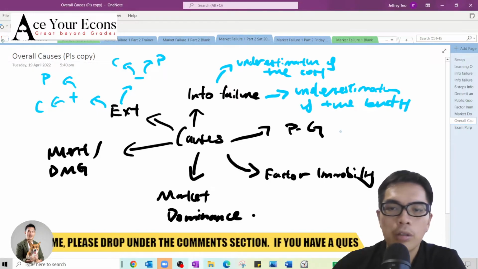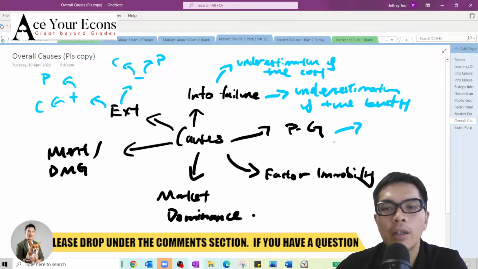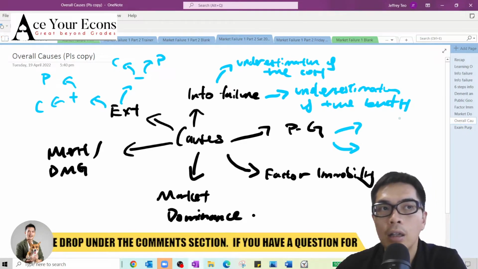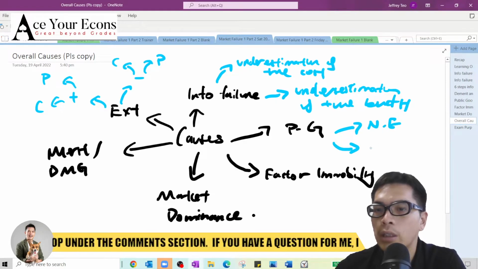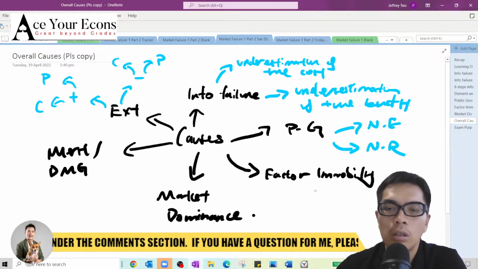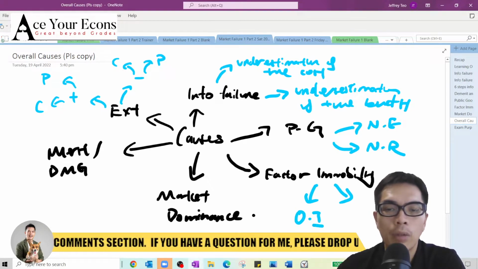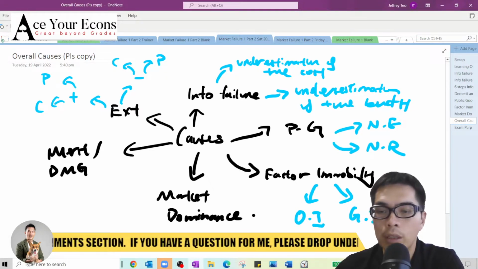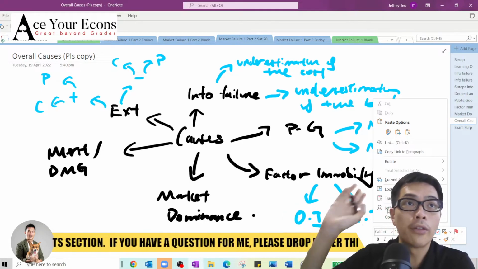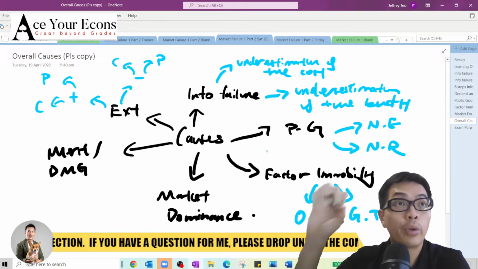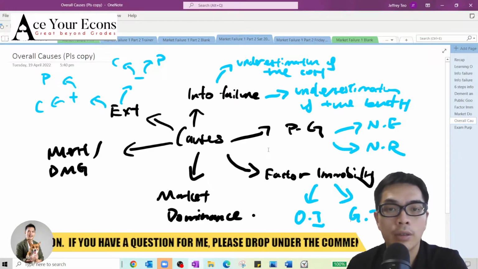Public good, what are the two characteristics? Still remember? They are non-excludability and non-rivalrous. Factor immobility, we have occupational immobility and geographical immobility. So you have to be familiar to break them down into sub-portions.